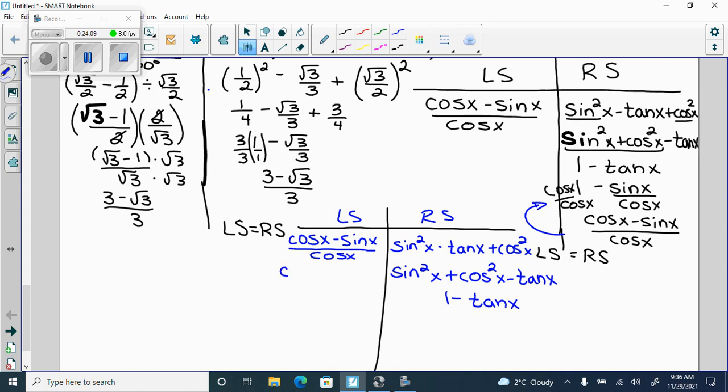So I could rewrite this each over the denominator, cos x over cos x minus sine x over cos x. And then I have 1 minus tan x, and they match. So remember that when you have 2 numerators over 1 denominator, you can split them. It's absolutely correct doing it the right way, though.